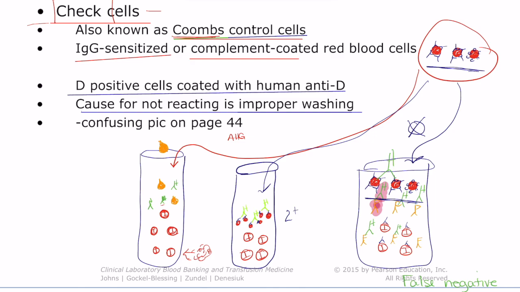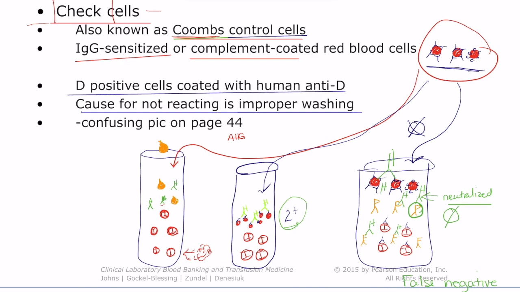So if it's all neutralized, it can't bind, and we're going to get a negative result. So instead of getting this 2+ like we did here, we're going to get a 0 because this human globulin here has been neutralized. It's been neutralized by these antibodies that we didn't wash away.